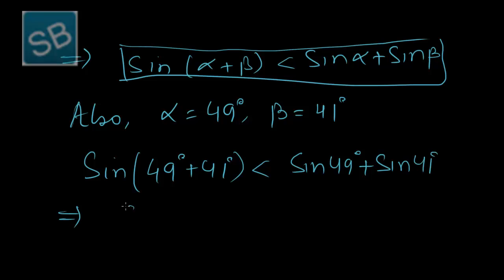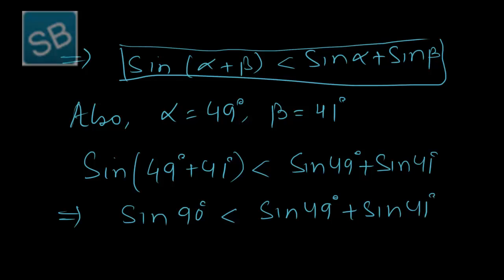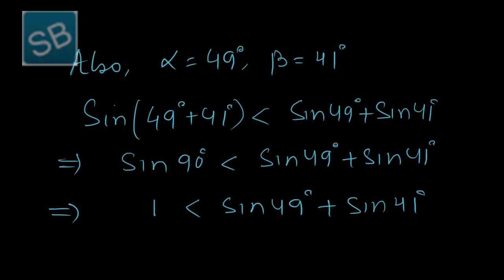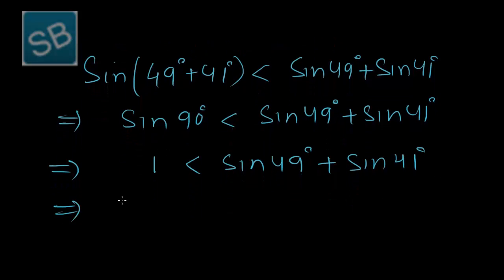So we get sin 90 degree less than sin 49 degree plus sin 41 degree. Sin 90 degree is 1. So 1 is less than sin 49 degree plus sin 41 degree. That is, sin 49 degree plus sin 41 degree is greater than 1. That is our required result.